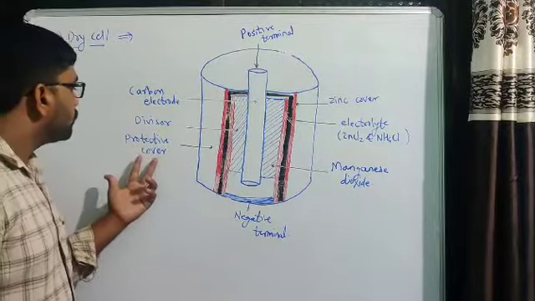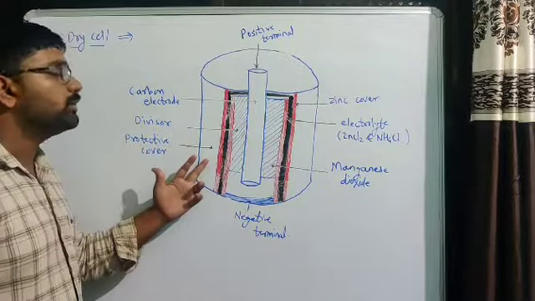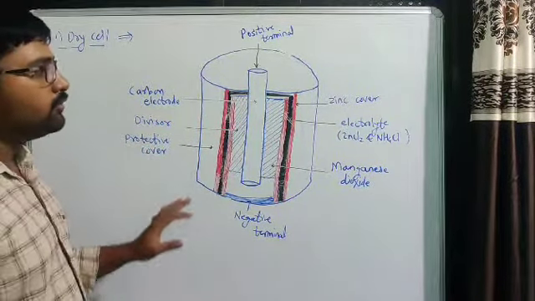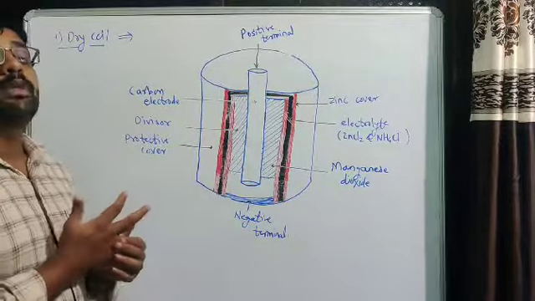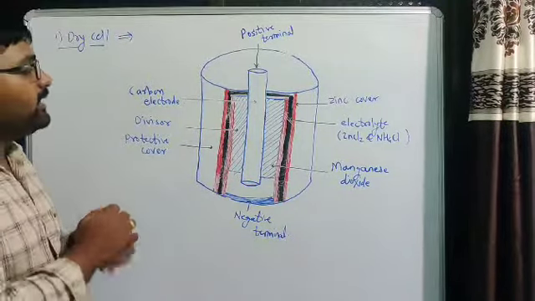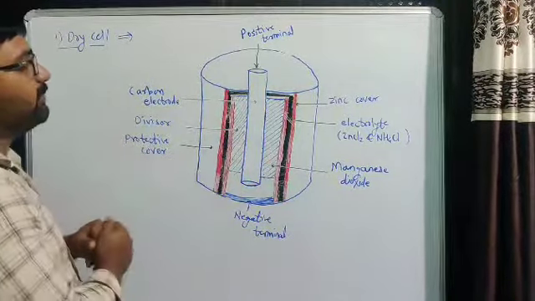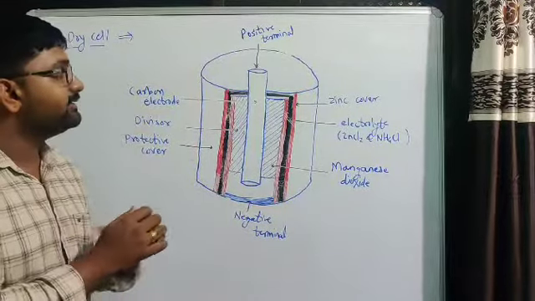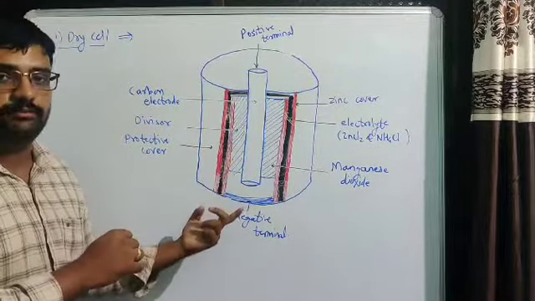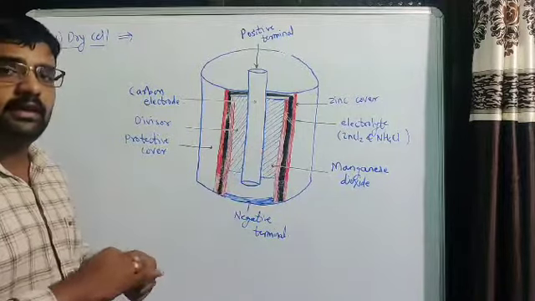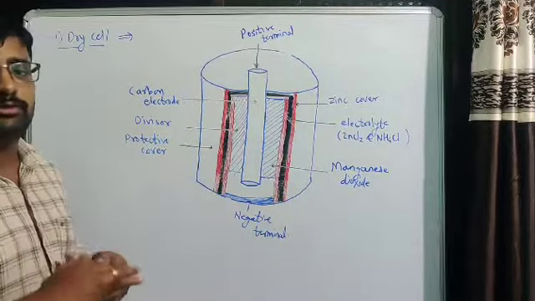The protective cover is present on the outer side of the cell. Generally, these components are present inside an electric cell. This is the inner diagram of a cell, and the diagram is also given in the book. You can see this diagram in the book also.